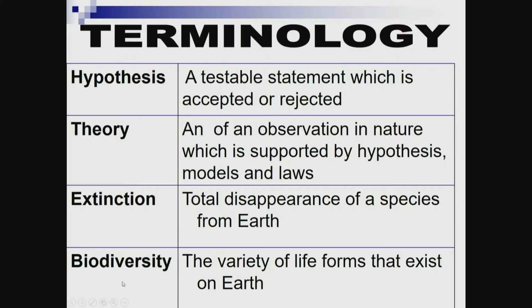And two that we added here are extinction and biodiversity. The reason for that is because you did extinction and biodiversity in grade 10 life science. So we can also evaluate this. So just look at extinction and biodiversity.